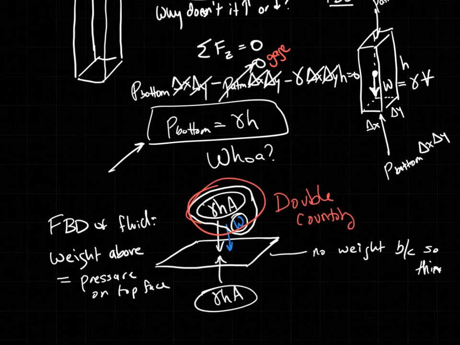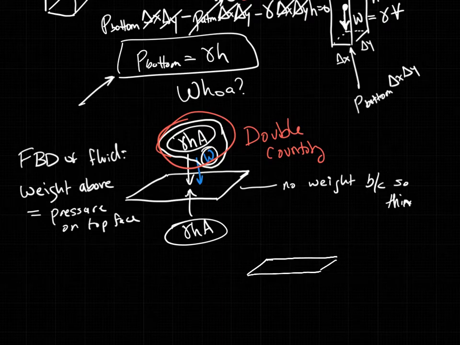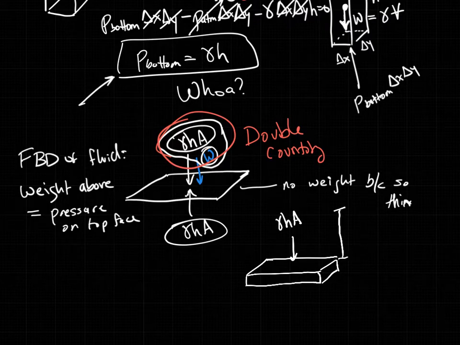Now it's different if, for example, I gave a sliver that looked like this, and I asked what's going on with this one. On the top face, I could use the weight of the water above it, or the hydrostatic force, which would be gamma HA, where H is from here to the surface.